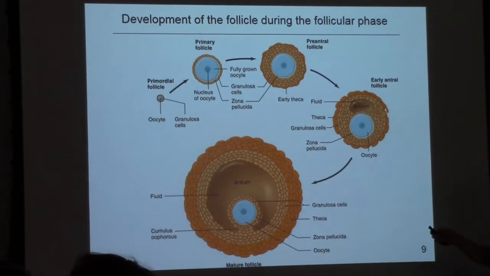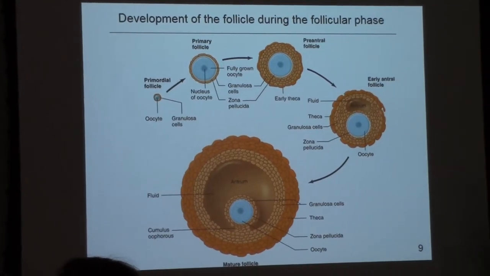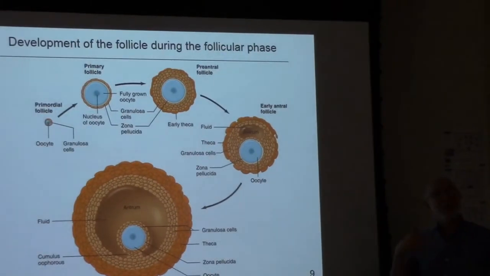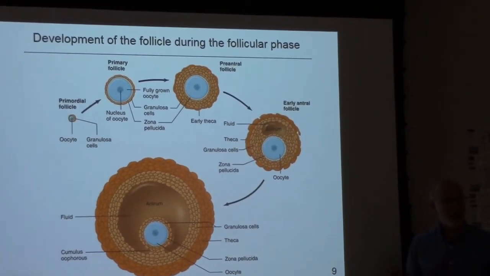So the follicles are responding to and producing estrogen. So we're going to see a feedback thing going on here. Estrogen is going to be both a response and a cause. The follicles are going to be producing estrogen and responding to estrogen.